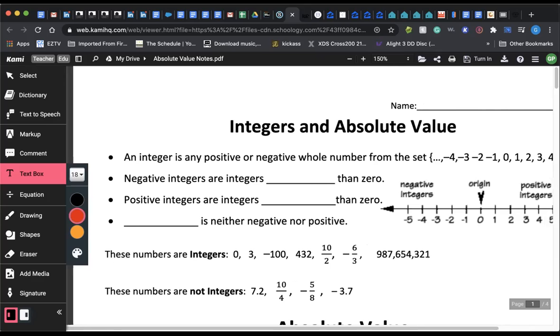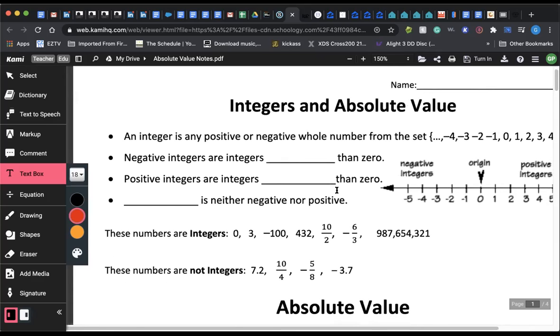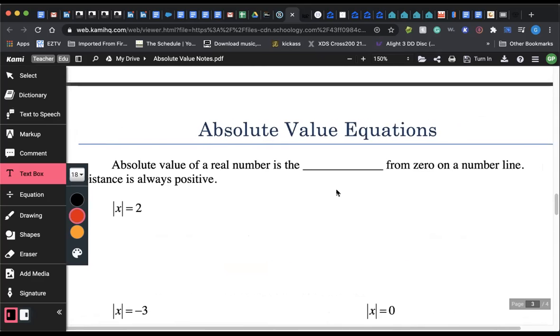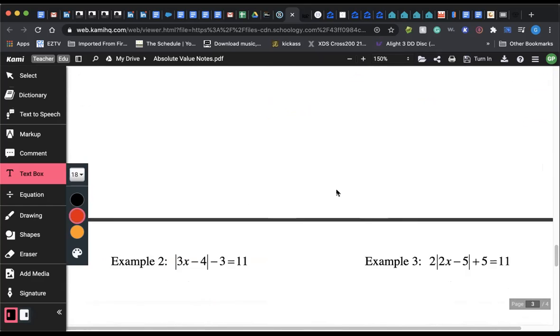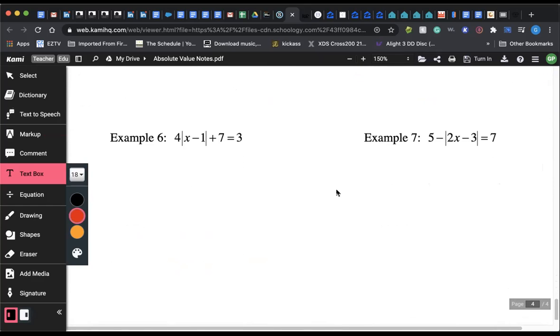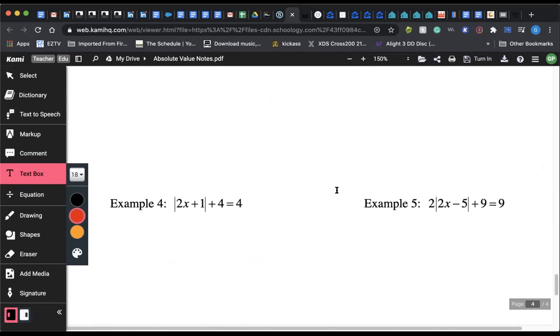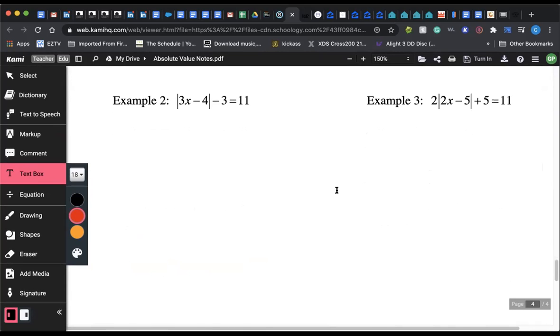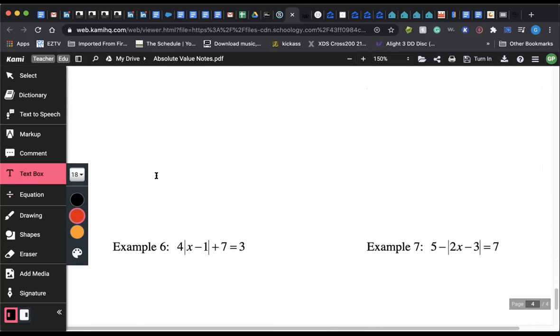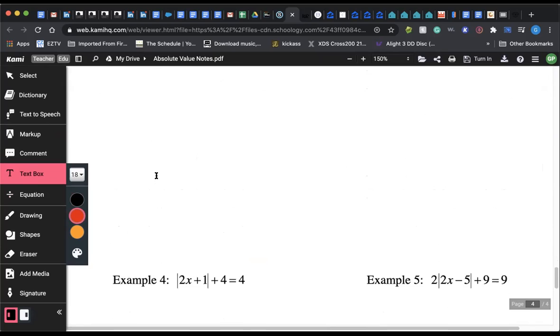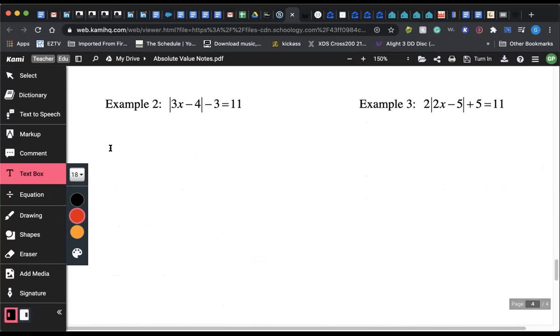All right, so make sure you have your integers and absolute value notes turned on. And we're going all the way to page 4 because that's where we left off. And we are going to go over, starting with example 2. We're just going to redo example 2. We're going to do examples 2, 3, 4, 5, 6, and 7 today to get ourselves through these notes on that last page.